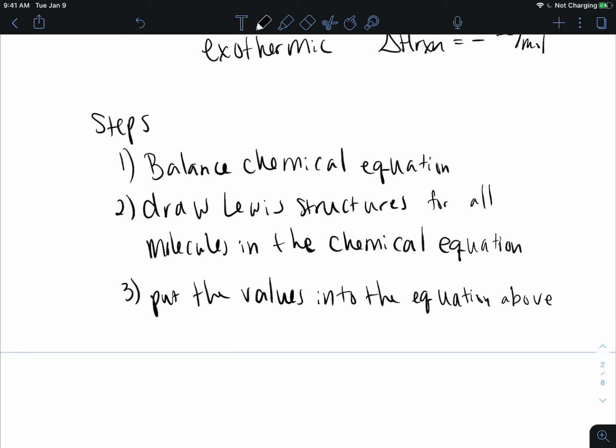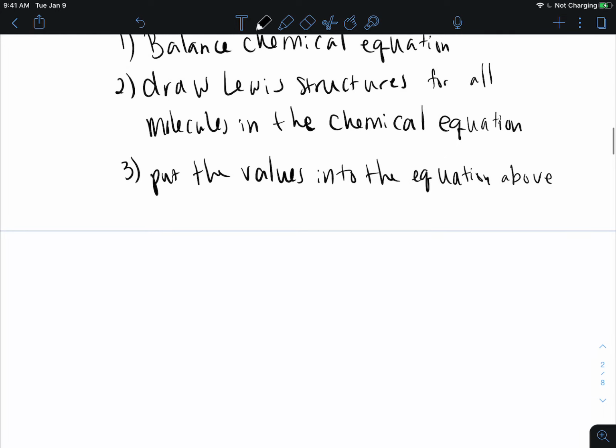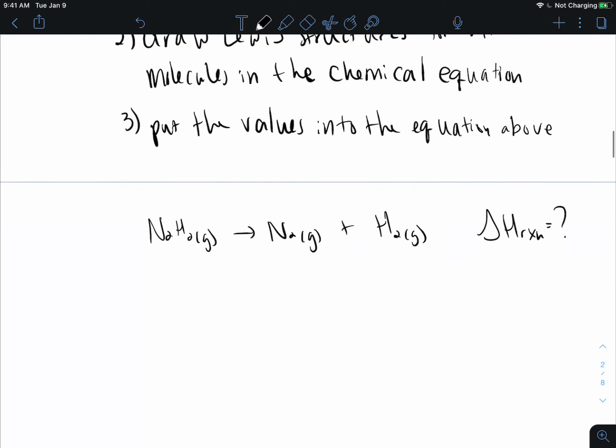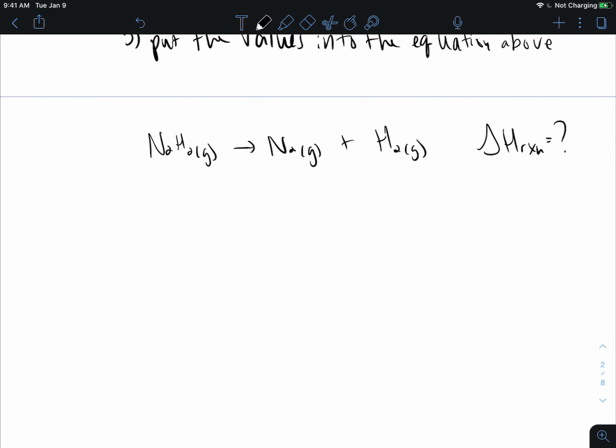Okay, so if we take the following reaction, N2H2 goes to N2 plus H2. We want to find out what our enthalpy of reaction is. We need to take our bonds broken minus our bonds formed. So we need to know what type of bonds we have, and how many of each. If we look, this is already balanced.